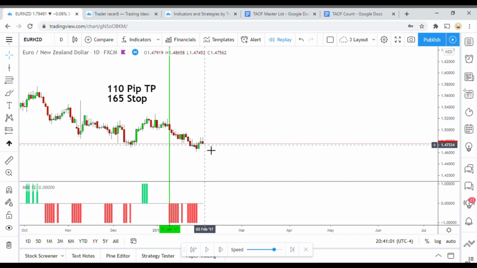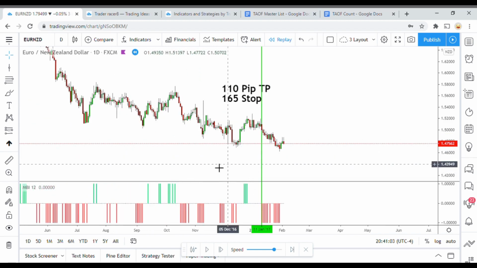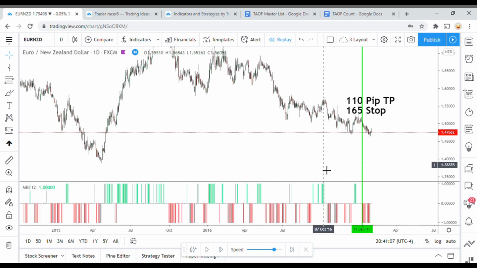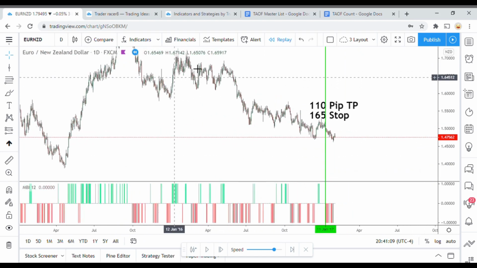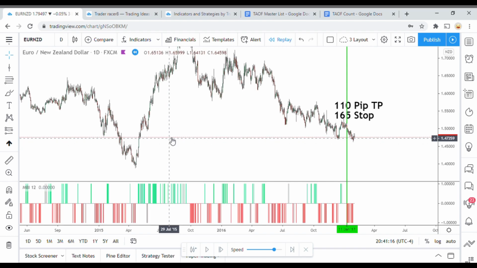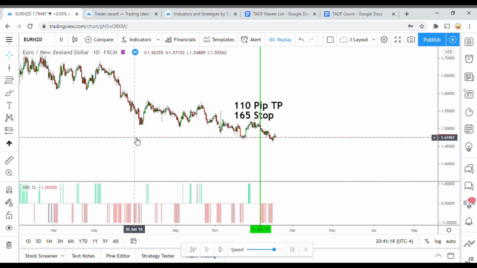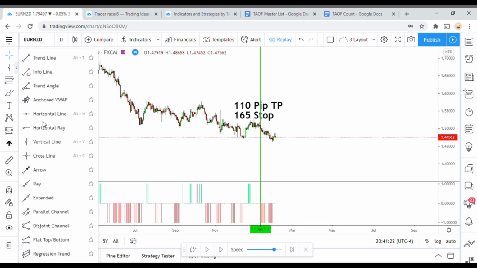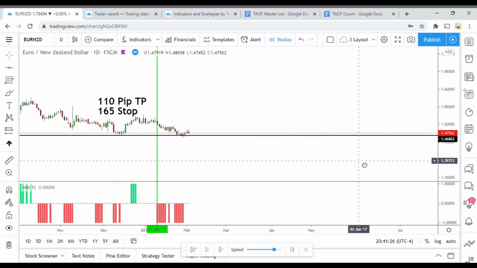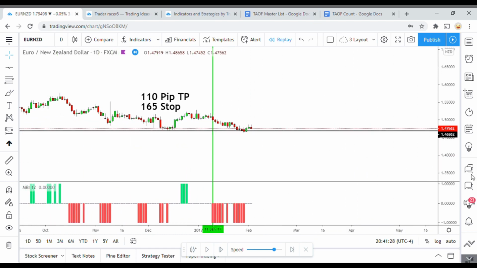Price action has pushed down into this area. You can see that it's had a really strong push down here, and it's kind of bumping up into this level of support, around in this area.